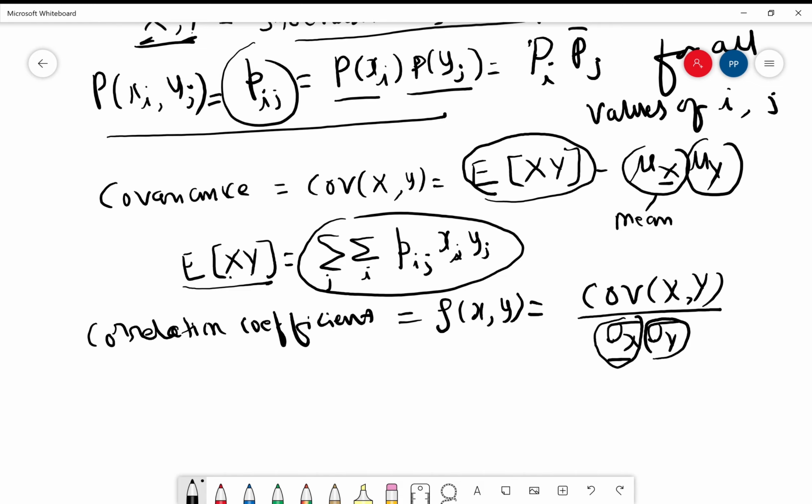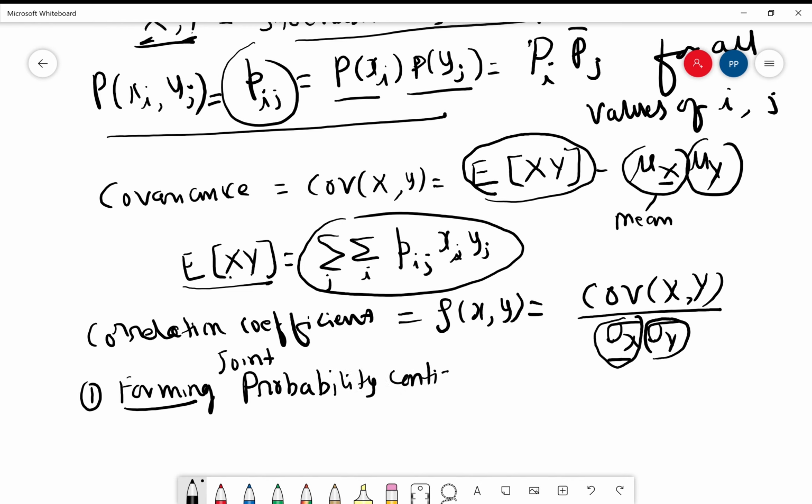The first is forming or finding the joint probability distribution by forming a joint probability contingency table, where you are given two variables x and y and a random experiment.